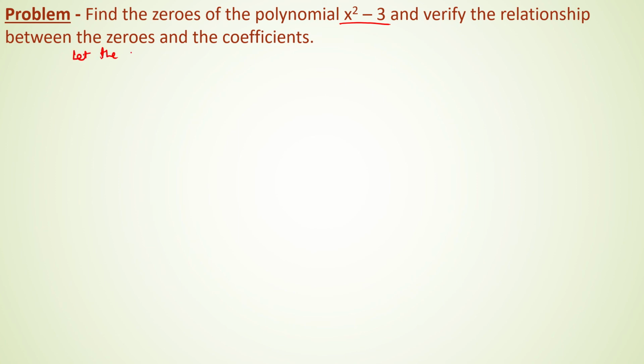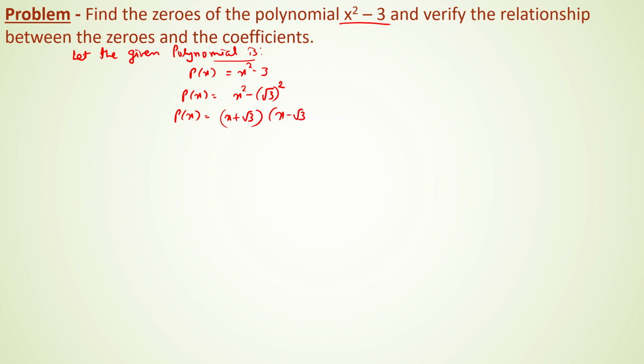Let the given polynomial be p(x) equals x square minus 3. We can write it as x square minus root 3 square. So by expanding using a square minus b square, we get it as x plus root 3 into x minus root 3.